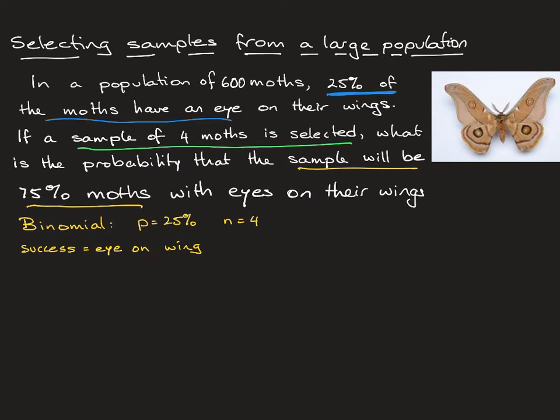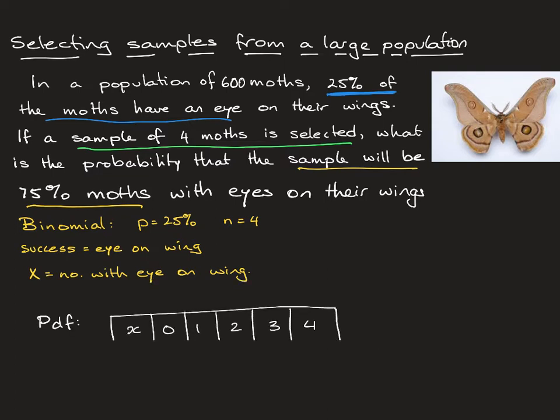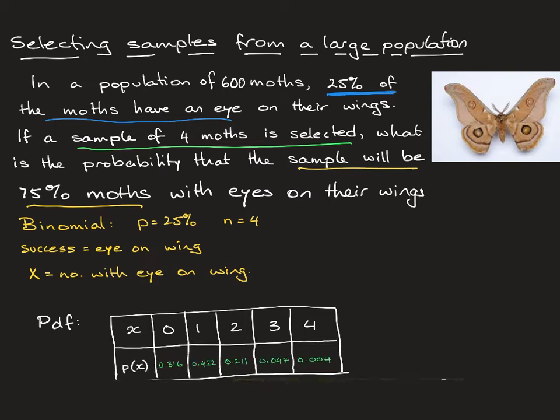So if we continued along thinking about it in that way, we would define X as being the number of moths with an eye on their wing in our sample of 4, and we would define our probability distribution function like this. So in a sample of 4, you could have none with the eye on their wing, you could have 1, 2, 3, or all of them could have the eye on their wing.